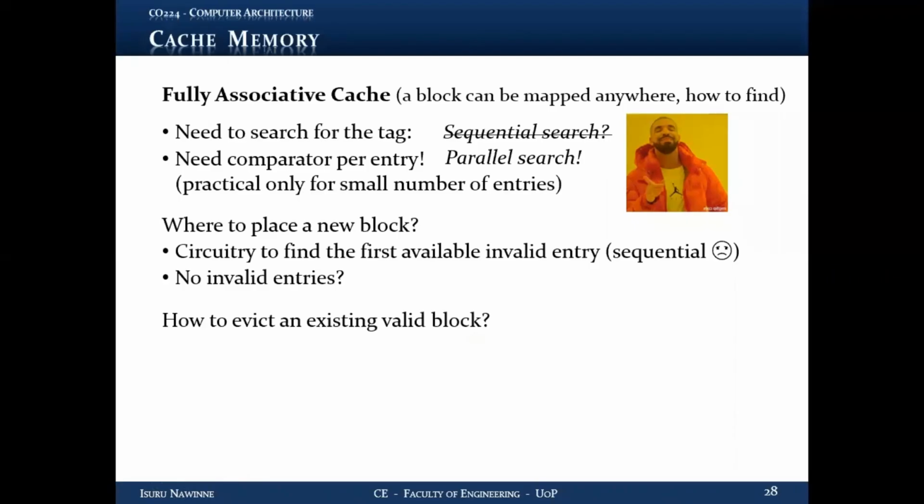How can we decide on a cache entry to throw out or evict? What is the policy that we can use for this? All the cache entries are valid. We have to pick one to throw out in order to make some space for a new block.